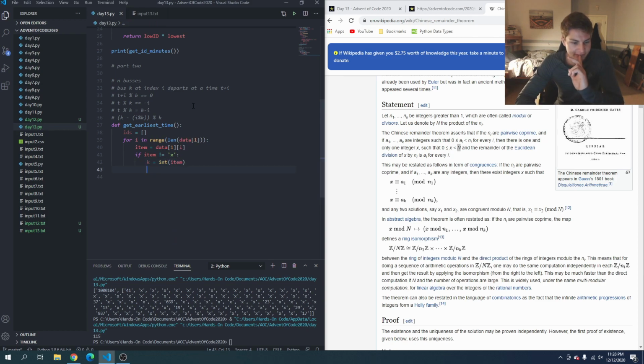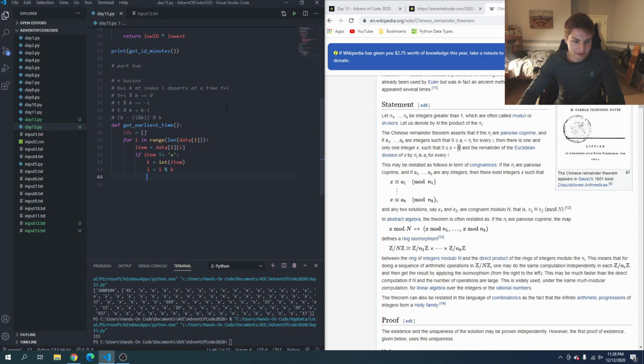So k is our bus ID, and then let's go ahead and say, well, we want to keep I in between 0 and k. So we'll say I is equal to I mod k. And then that also goes right there.